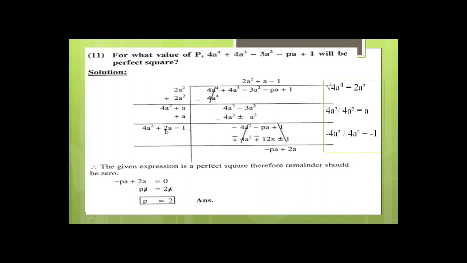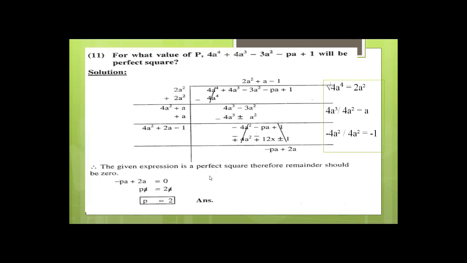When you multiply this with minus 1, it becomes minus 2a. Okay, and then minus plus 1. Now we'll change the sign. So the remaining element is minus pa and plus 2a.